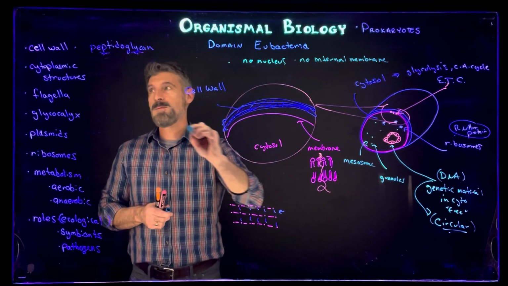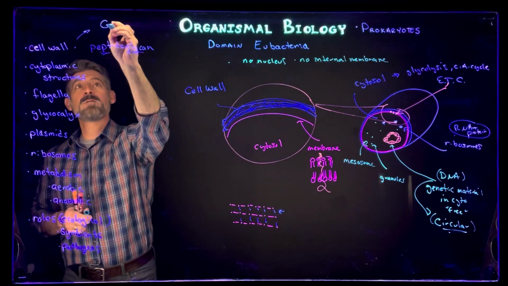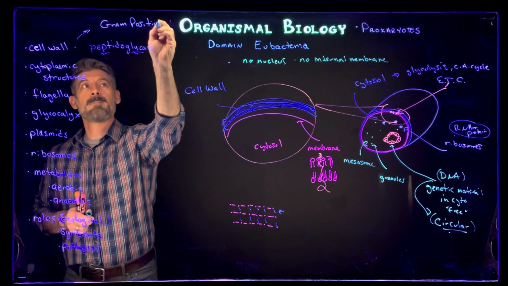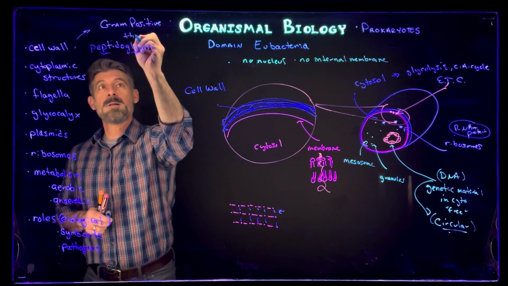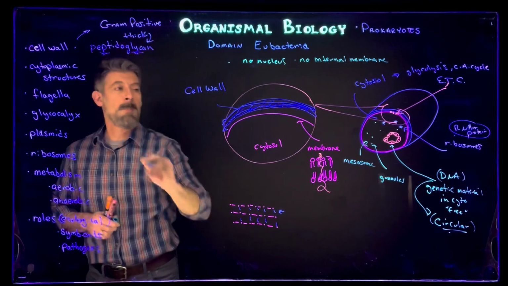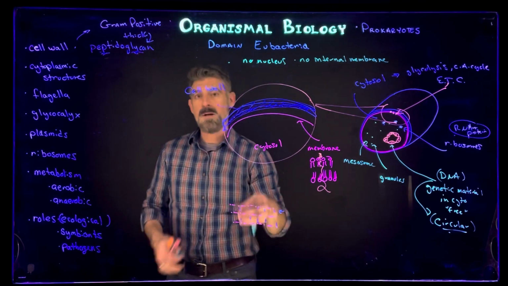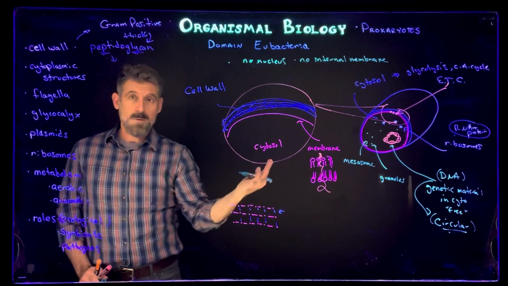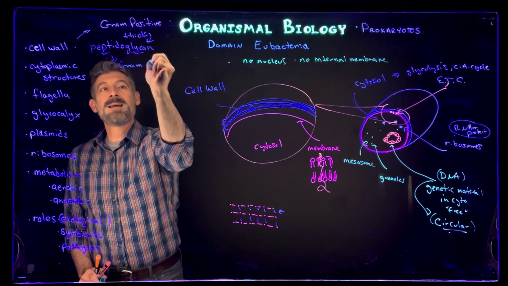And then there are different thicknesses of this peptidoglycan. So some groups of bacteria have a very thick cell wall, and we refer to them as gram positive. And they have the thick peptidoglycan. So it's many layers of these sugars all put together. There is also another main group of bacteria that we call gram negative.